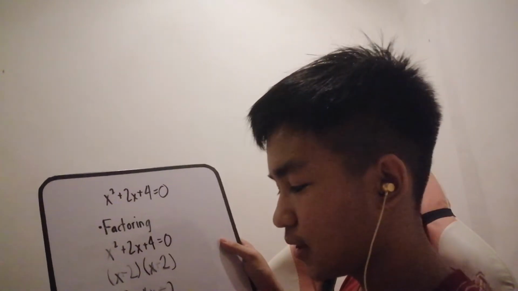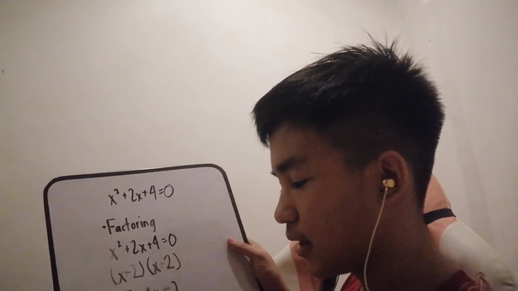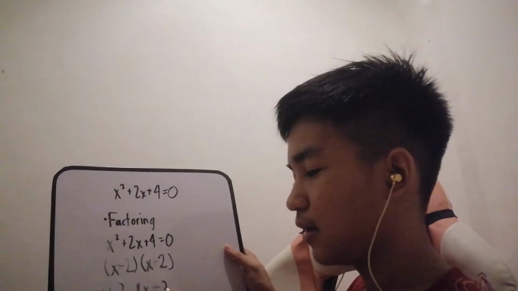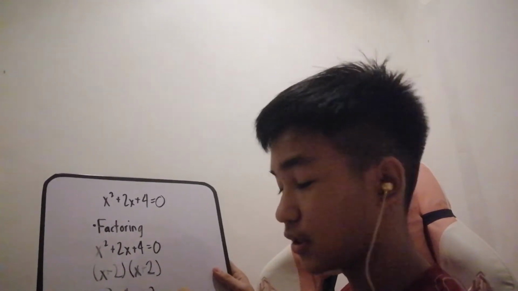Now that we let it out, it will be negative 2. And the other one is the same as well since they are both the same. So x plus 2 becomes x equals negative 2 since we push it out of the term.